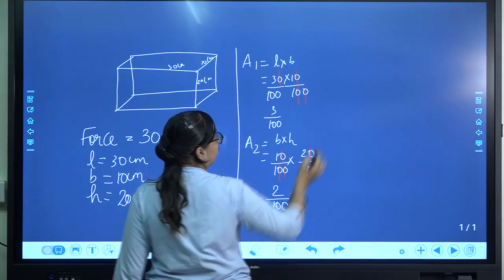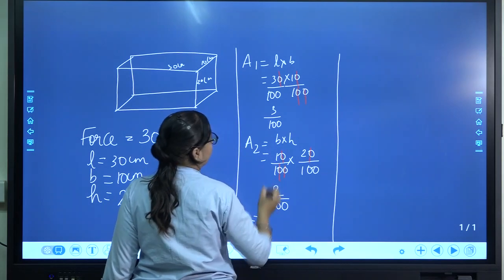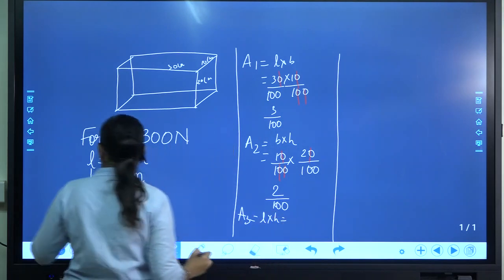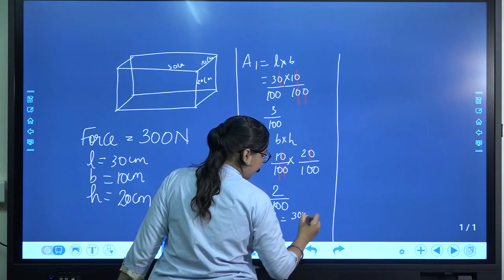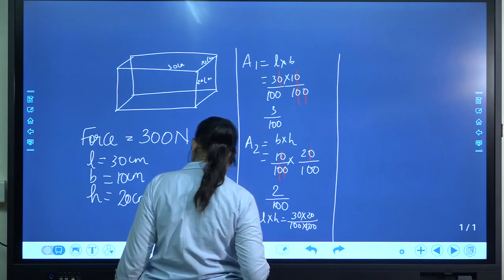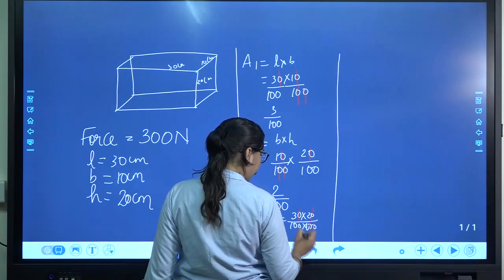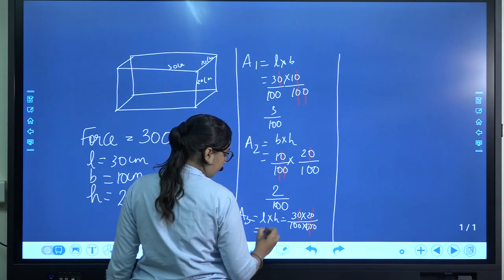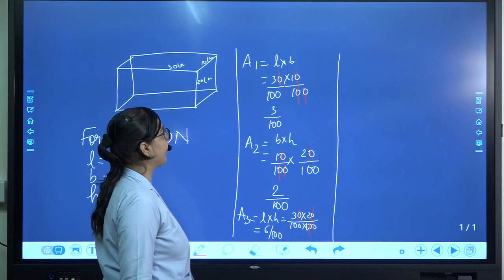Third area, L into H. What is L? 30. H, 20. Six upon 100. That is the third area.